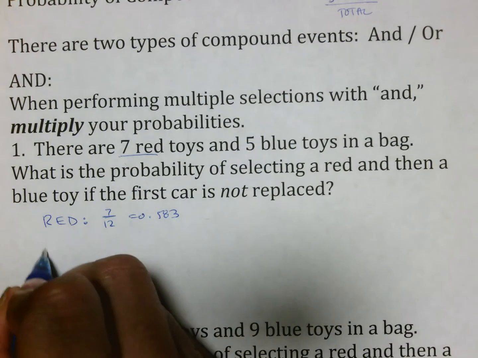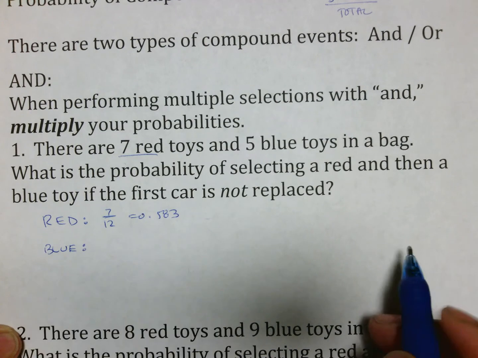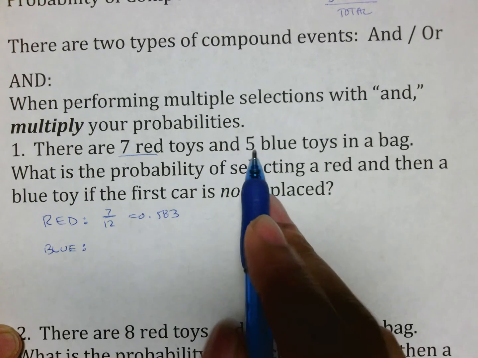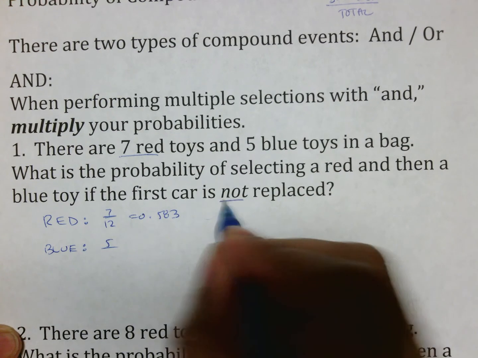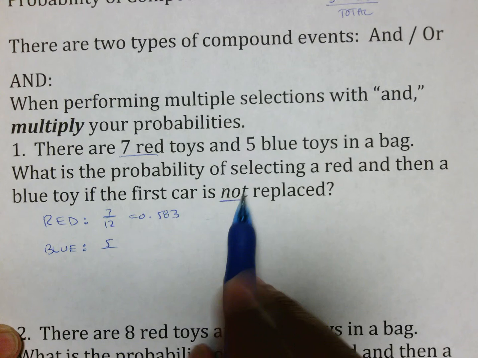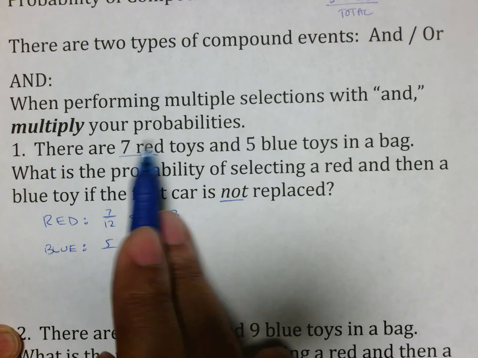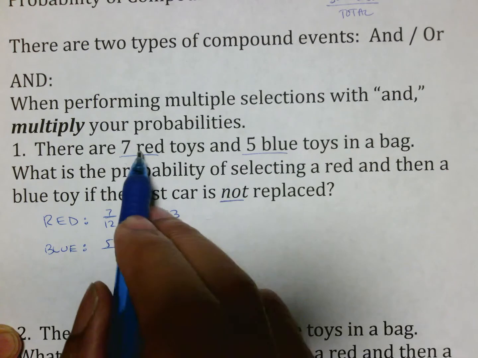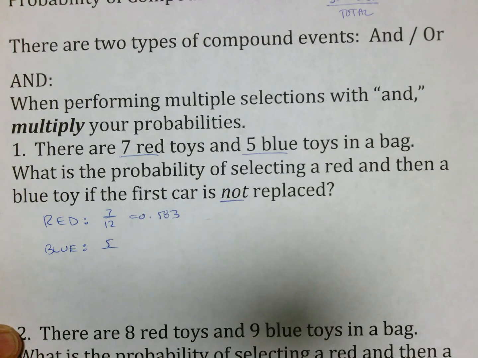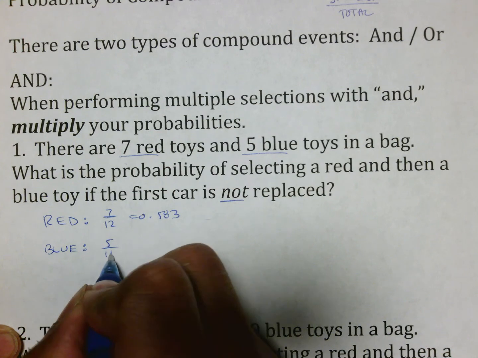Now the probability of selecting a blue toy, the number of successful blue toys is 5. The problem here is that you did not replace the first toy. And so yes, there were 12 total toys in the bag, but now, because you selected the first one and it was correct, there's no longer 12, there is now 11.